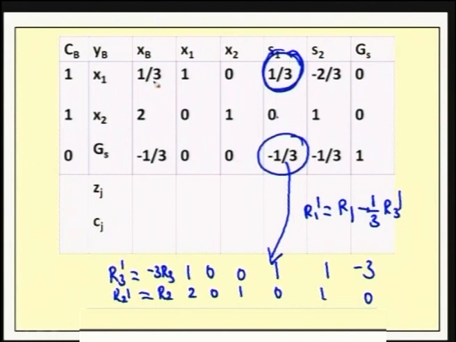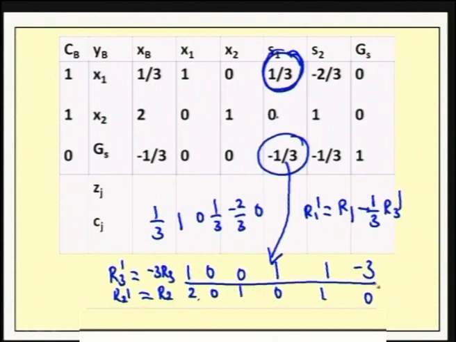So, this row is nothing but 1 by 3, 1, 0, 1 by 3, minus 2 by 3, 0. If you multiply the R3 row by 1 by 3, it will become 1 by 3, 0, 0, 1 by 3, then 1 by 3, 0. So, our idea is to convert this pivot element as 1, this element as 0 and this element as 0, which we got as the next table.